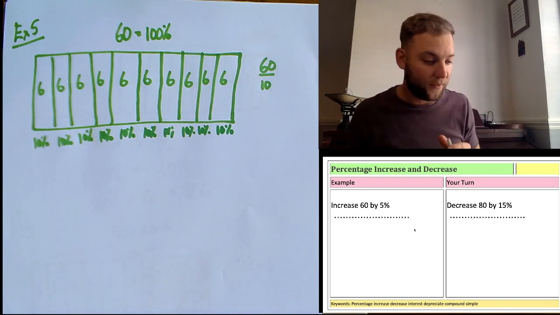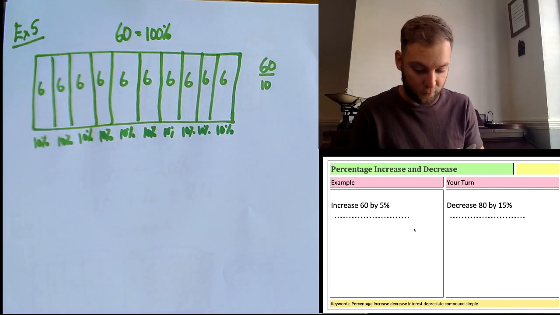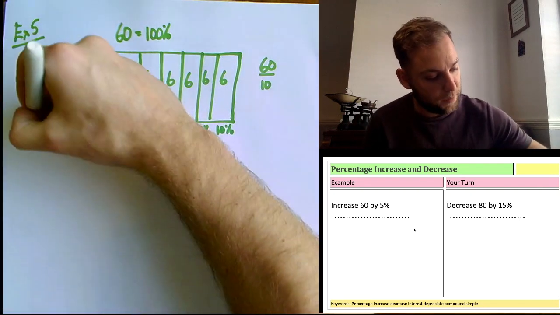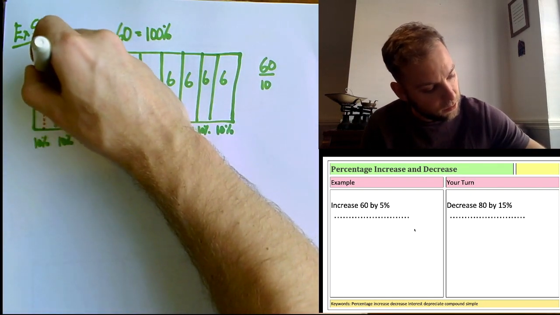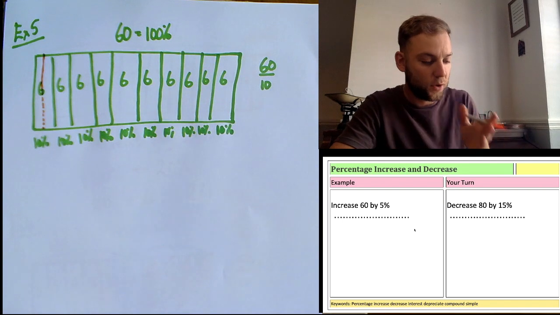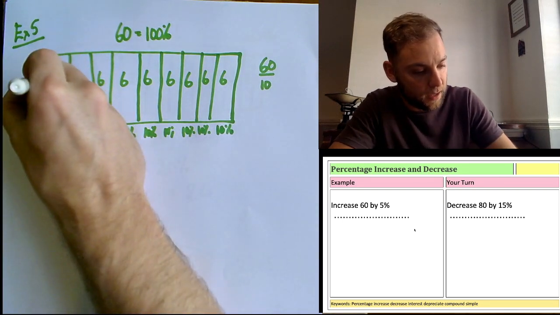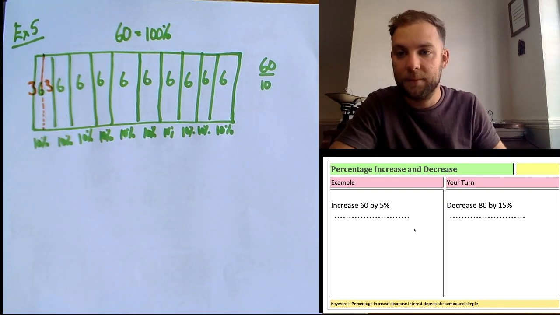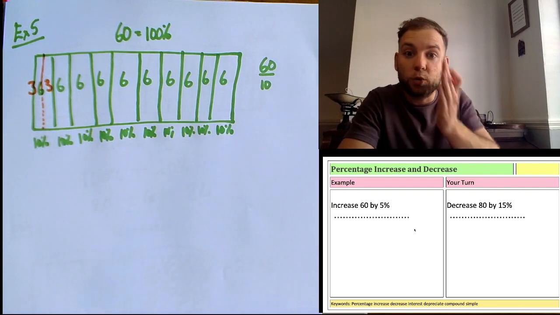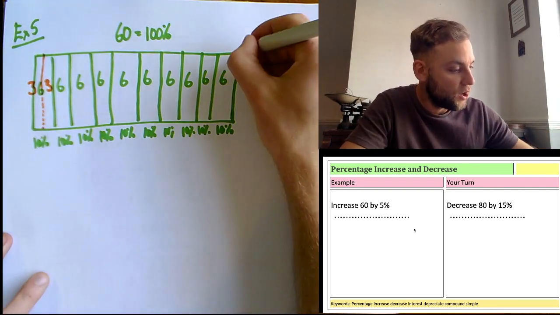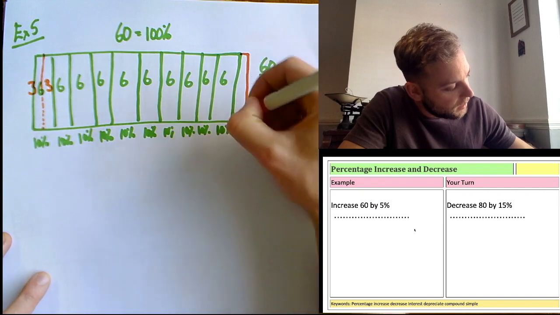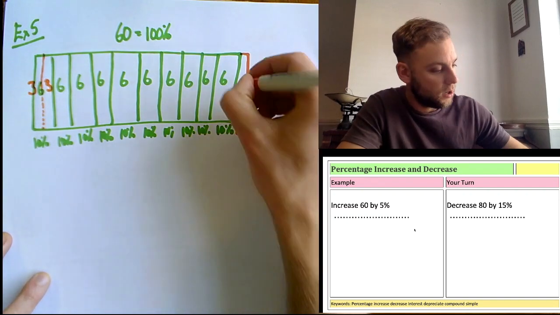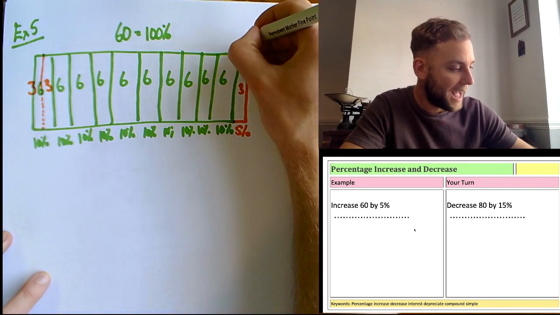So to increase by 5%, I want half of one of these 10s. So I'm going to split this up here like so, into half. So if I split 6 up into half, you know it's going to be 3 and 3. And remember, I want an extra part of this. So I want an extra 5% of 3. So I'm adding this part on.